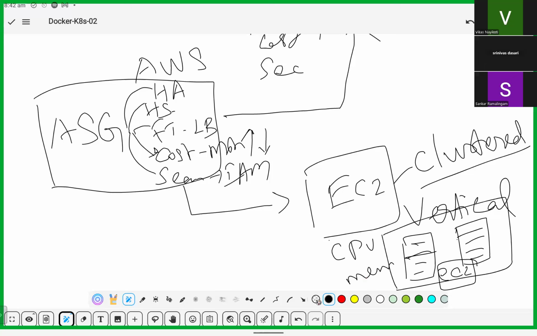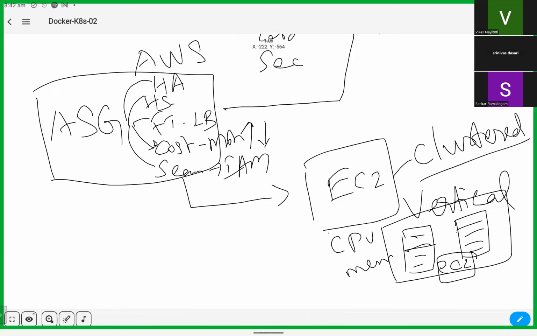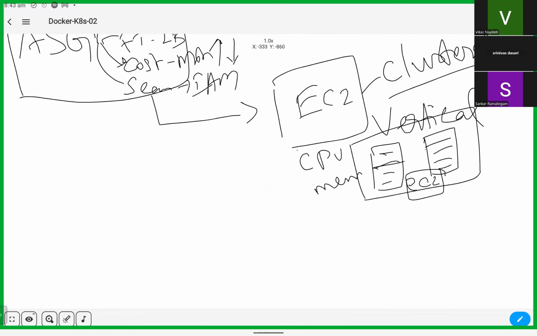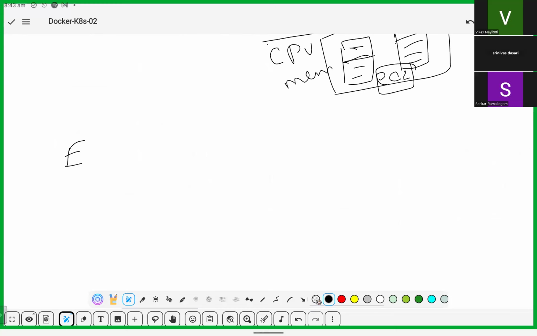But we will not be just deploying EC2, right? What is the purpose of deploying EC2 instances? The purpose is running an application, right?